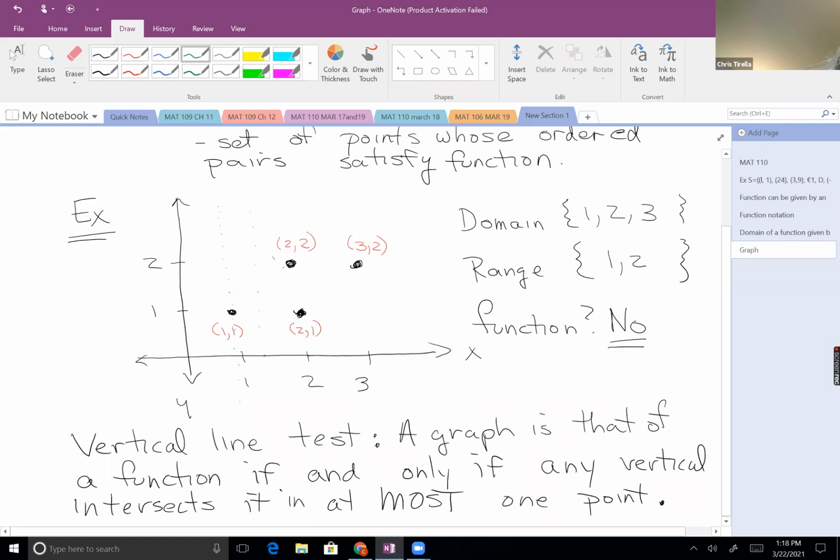Over here, my vertical line would not hit anywhere. But over here, my vertical line would hit 2 points. And so over here, it would fail the vertical line test. So it's not a function.